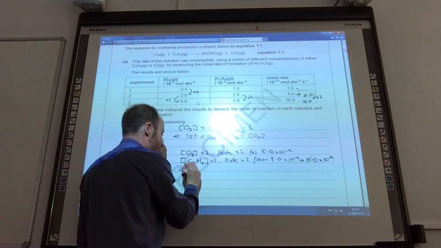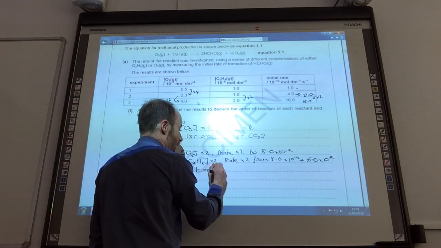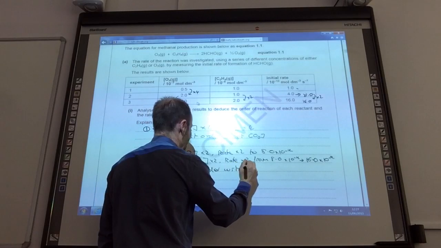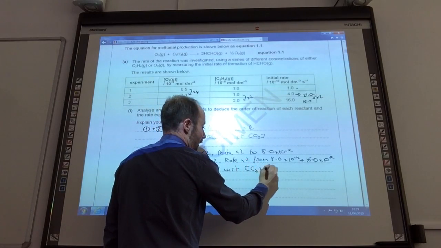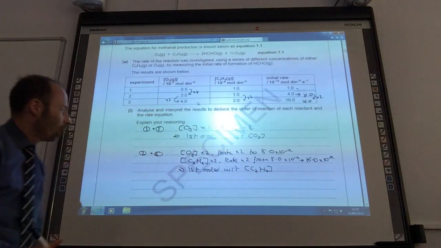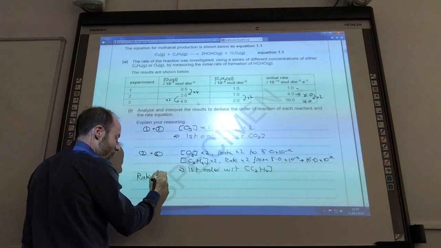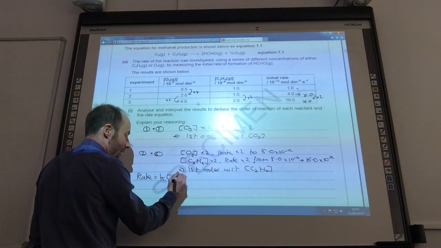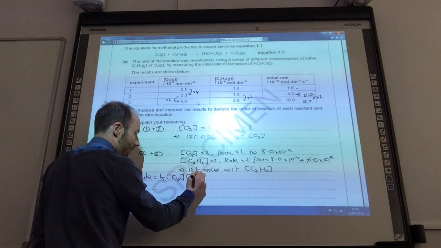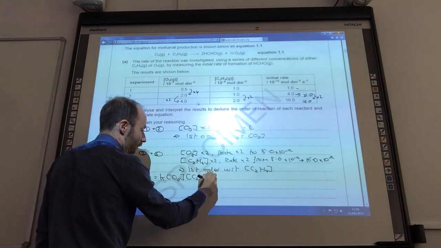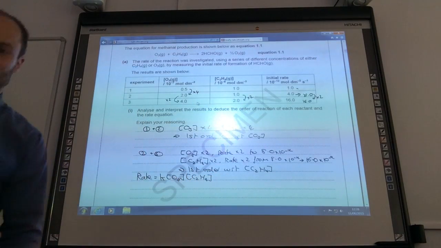And therefore, it is first order with respect to ethene. Right, so I've done that. Let's do my rate equation then. So therefore the rate is the rate constant times the concentration of ozone and the concentration of ethene, like so.